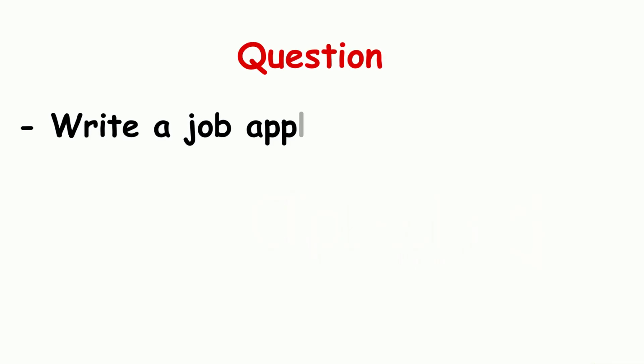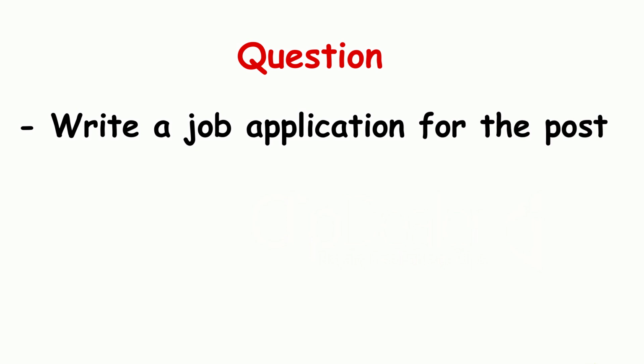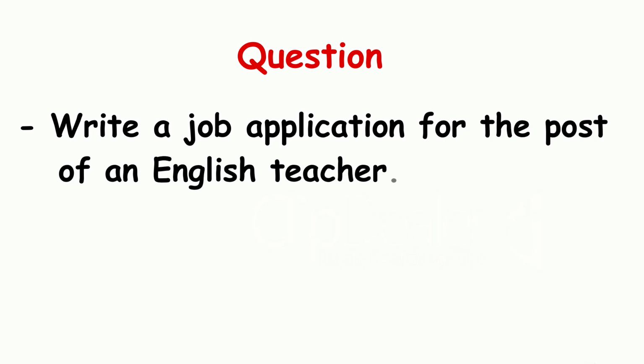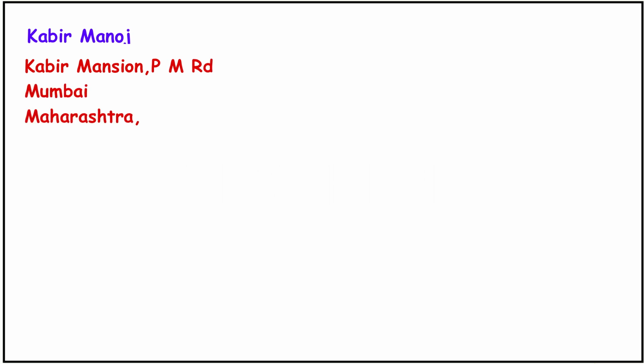Now, a possible question that you are asked in your inter exam is, write a job application for the post of an English teacher. So, in order to get 8 out of 8, let's check out the example. First of all, you're supposed to write down your name, like Kabir Manoj, then your address, PM Road, Mumbai, Maharashtra, India.